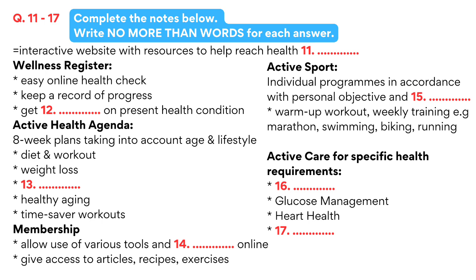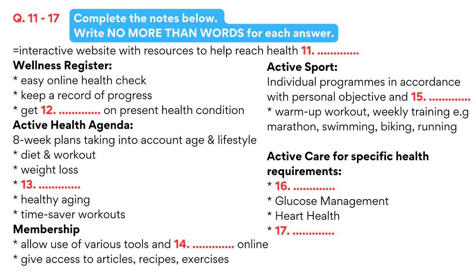Let's look first at the active sport component. This gives you individual attention. In fact, it's a virtual personal trainer. Sports science and fitness experts have developed programs that will enable you to take on a specific sporting challenge or fitness goal adapted to your particular ambition and skill level.